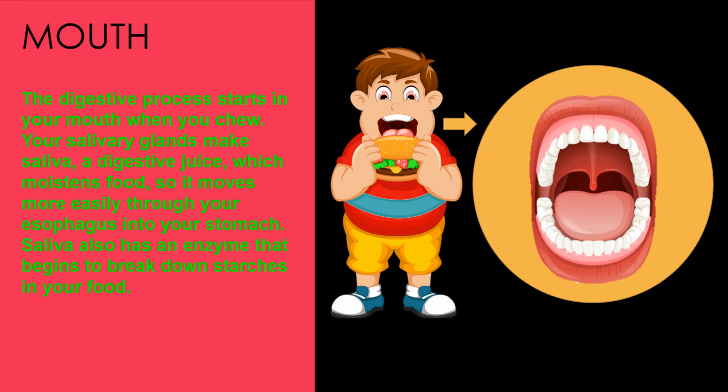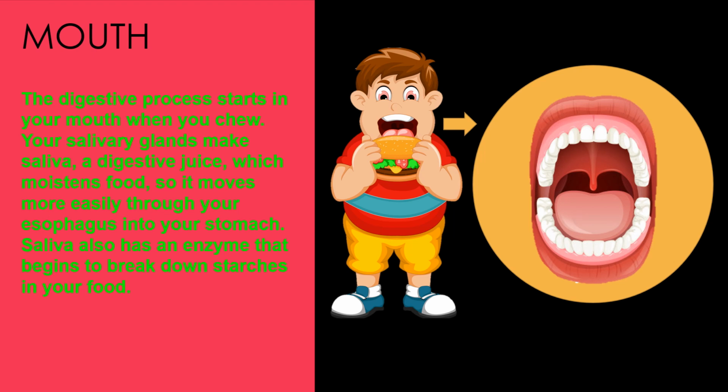This mouth is also known as the oral cavity, and food starts its journey from the mouth. There are many other organs that contribute to the digestion process in the mouth. First, the teeth, which are designed for grinding food particles; they grind the food into small pieces.